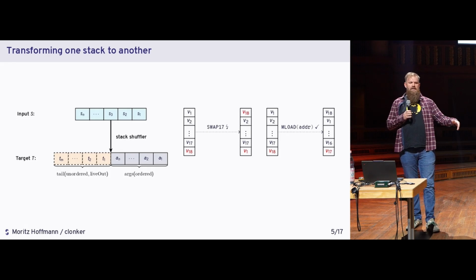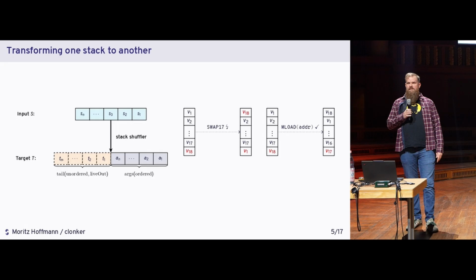And it has an unordered, liveness-information-informed tail end. And this tail end then simply contains the information what we need downstream symbolically after the arguments of the next operation have been consumed to carry on without loss of information.